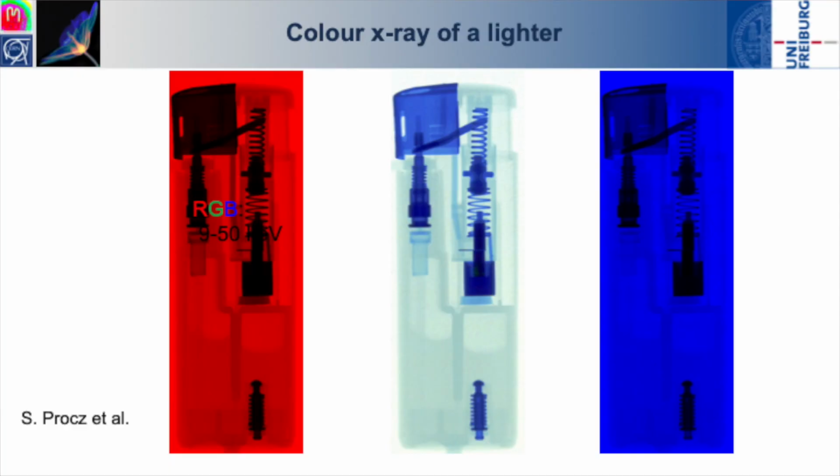If you look on the left-hand side, for the low energy image, you see that there's a good contrast in this part here where the lighter is thin. It's plastic and lighter fuel. But up here, the image is opaque because all of the photons get stopped, like they would in a heavy person. Whereas if you look in the higher energy image, you can see that you get poor contrast here, but you get much better contrast on the right-hand side here.